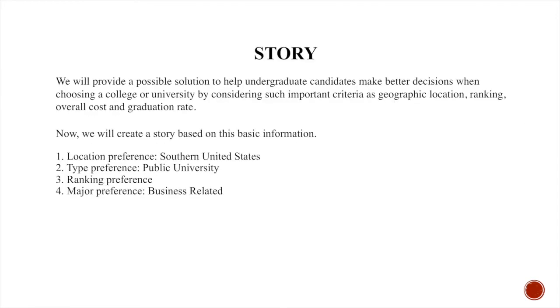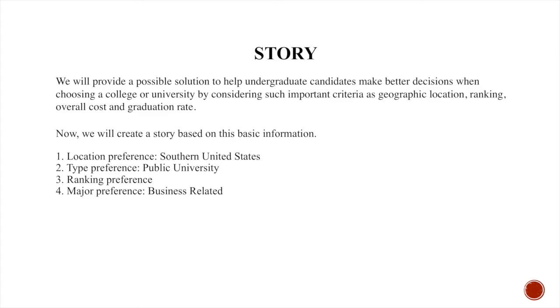We designed a story based on this basic information. Firstly, the undergraduate candidate has a location preference that he wants to attend a college located in the southern areas. He also has a preference to attend a public university and he cares about the ranking.